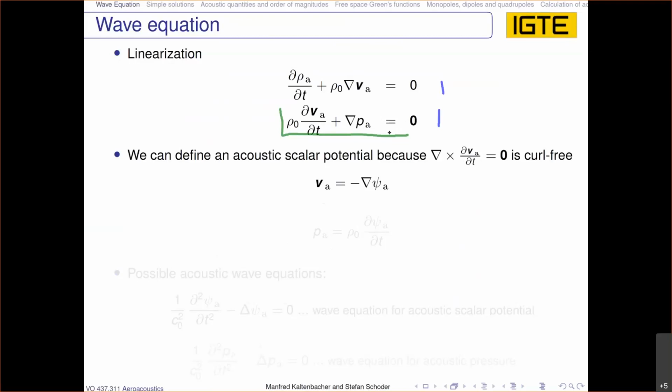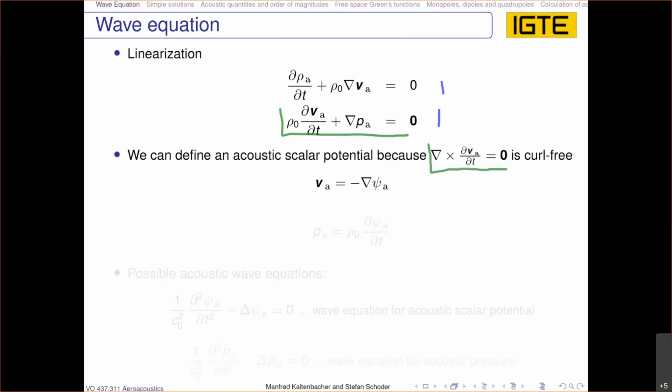Now, if you take the curl of this equation, we know from vector analysis that the curl of a gradient is always 0, which means at the end you just get that the curl of this time derivative is equal to 0.